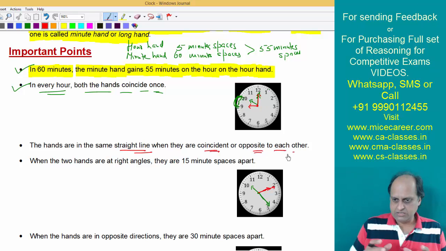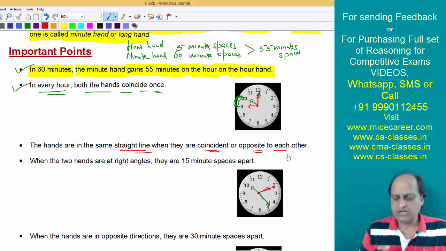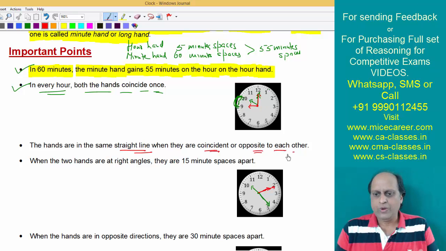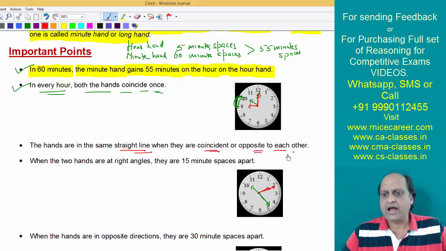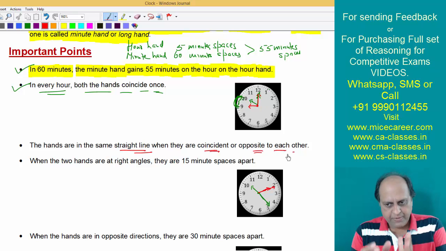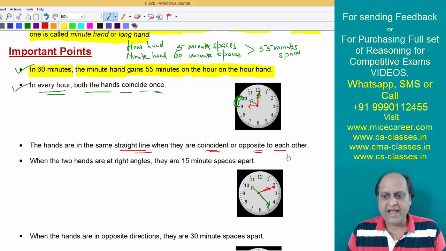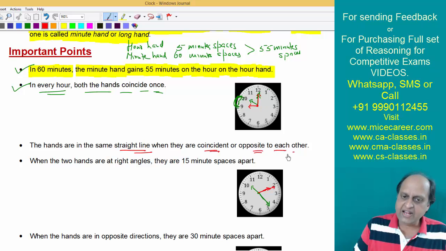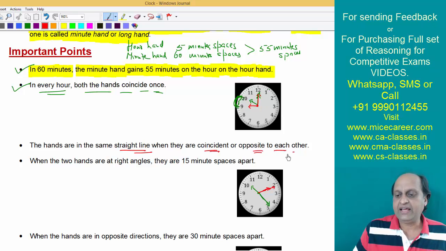The green color is displaying the case when the hour hand and the minute hand are opposite to each other, making a straight vertical line, while the red hands are representing a situation whereby the two hands are again in a straight line and the minute hand is lying upon the hour hand.